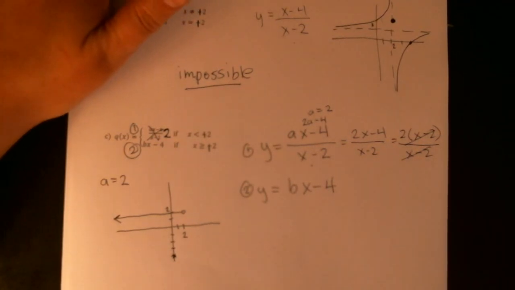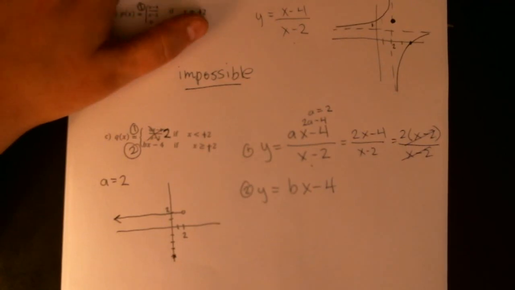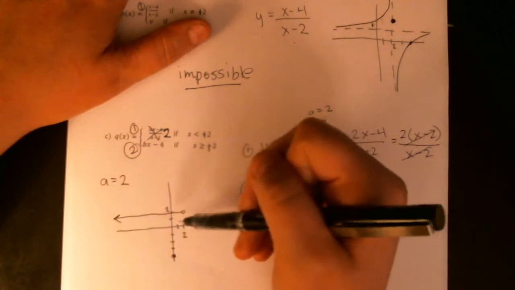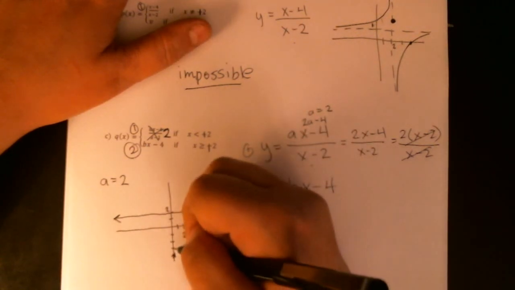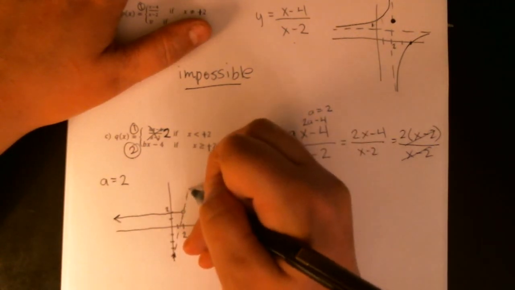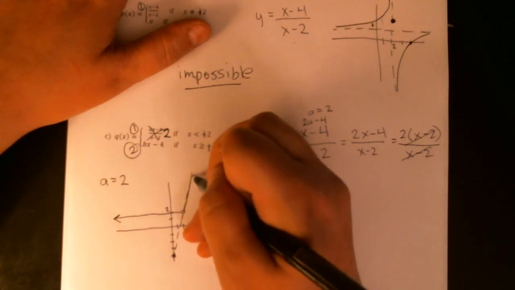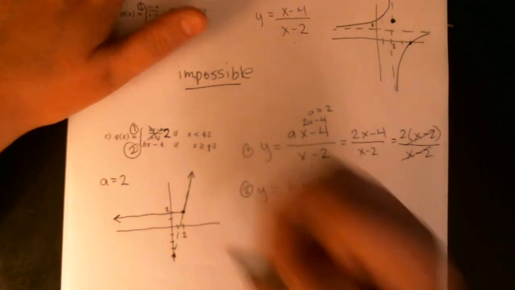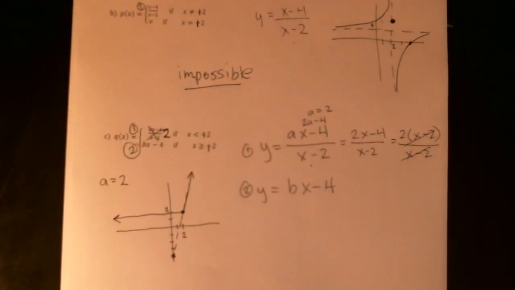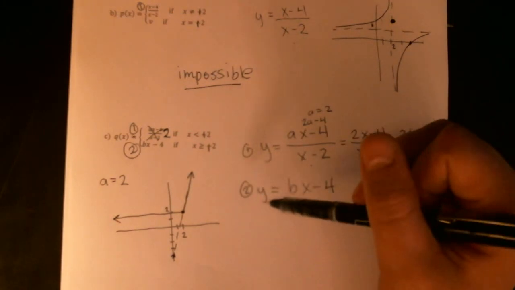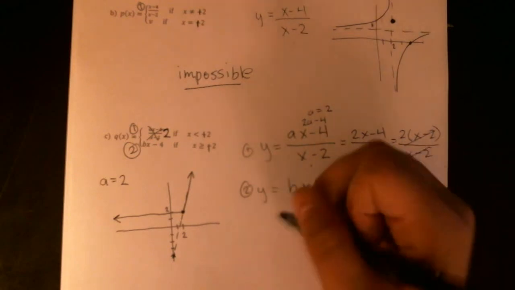So if I want to make the function continuous, this piece needs to meet up with this horizontal line that I now have. So I'm hoping to find a slope that makes it go right through that point, and then I'll just keep going from there on. So we want to make sure that this line goes through the point 2, 2.